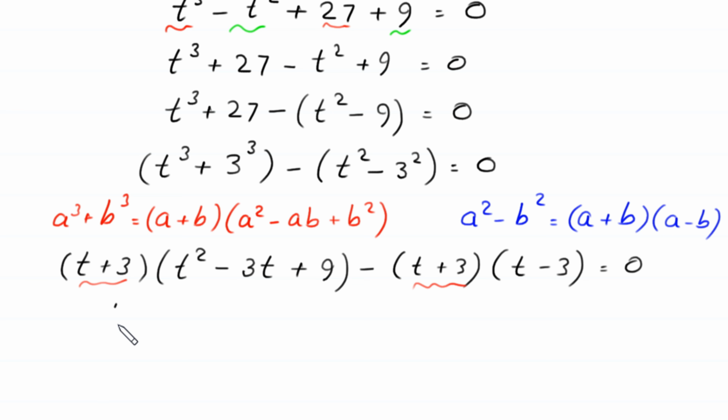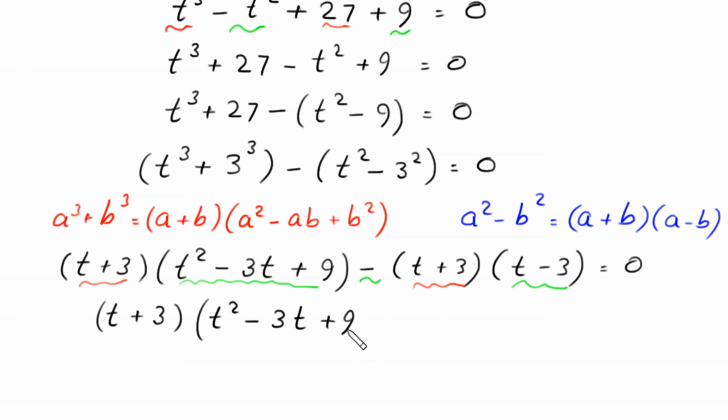Now as you can see, the expression t plus 3 is a common factor. So we factor out t plus 3, and in the bracket on the left, t squared minus 3t plus 9 minus t minus 3. In the bracket, t squared minus 3 times t plus 9, negative times t will become negative t, and negative times the negative 3 will become plus 3, is equal to 0.